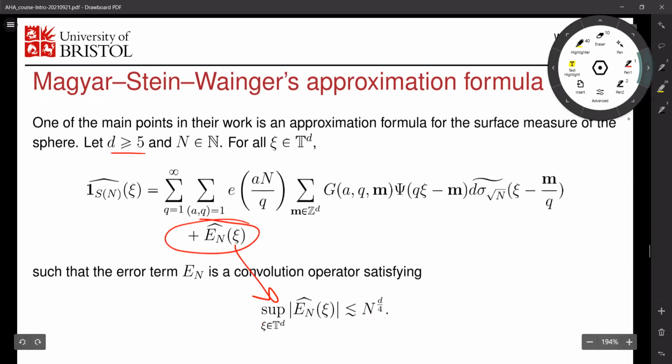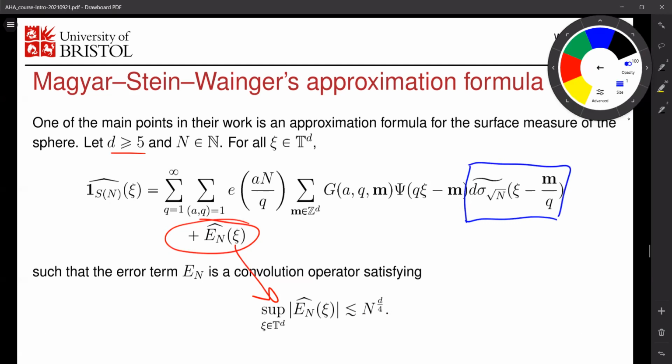First off, this piece right here is the continuous spherical measure of radius square root of n, and its real Fourier transform measured near the point C. That's what this little function does here. It makes it near that point.